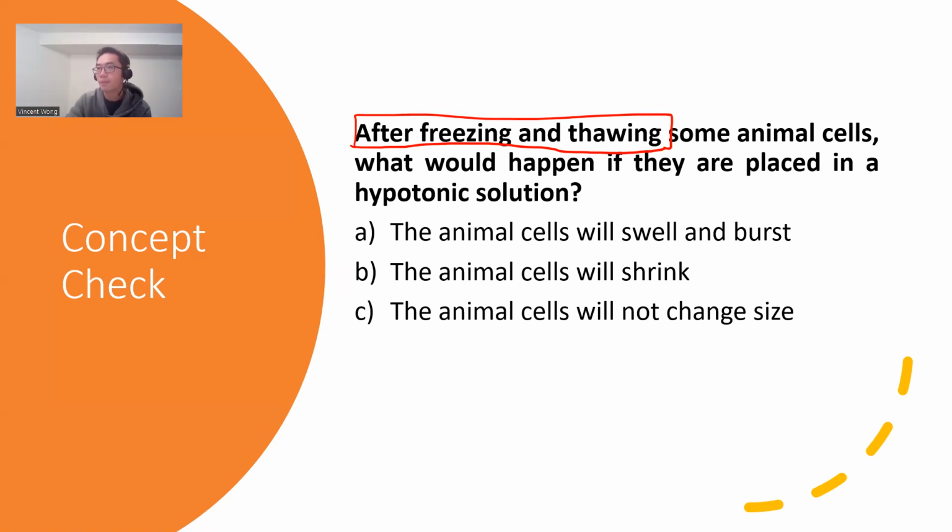It swells up a little bit. Yeah, it swells up a little bit, right? Expands. When water freezes, it expands. So what happens is when you freeze the animal cell, the ice crystals actually puncture the cell membrane.